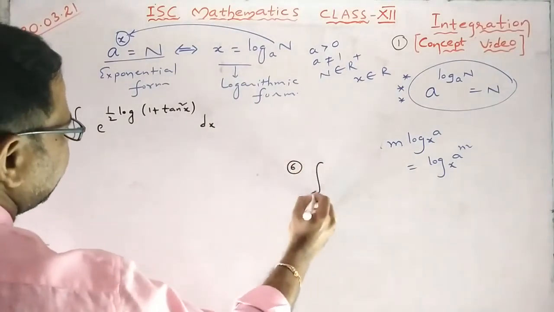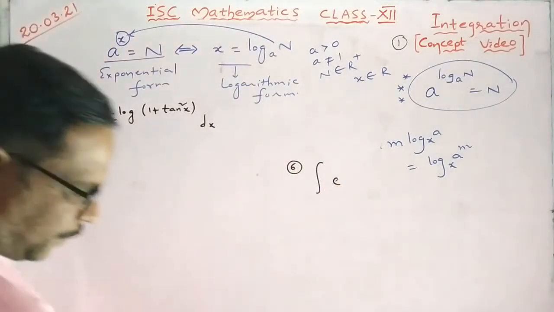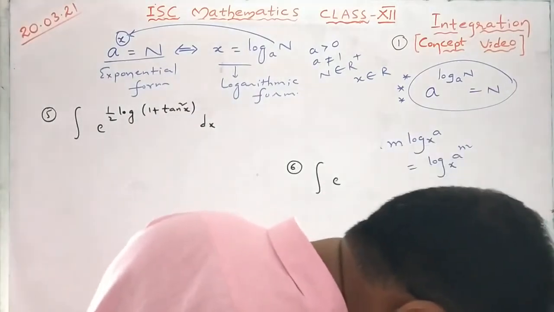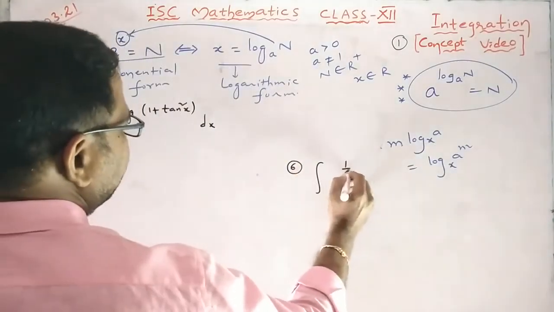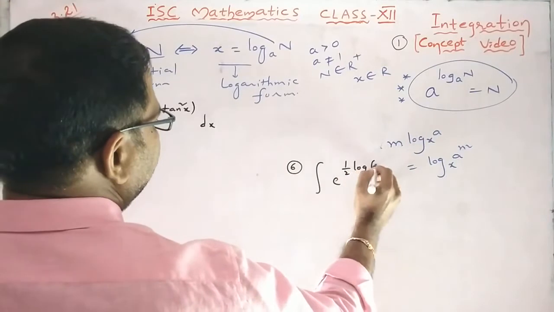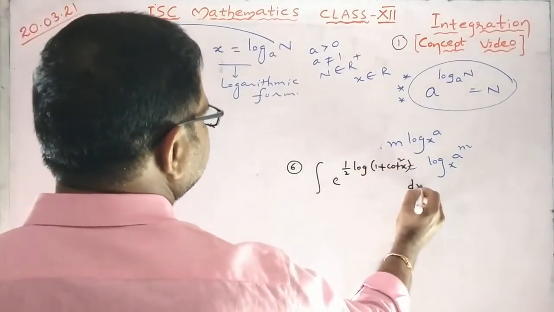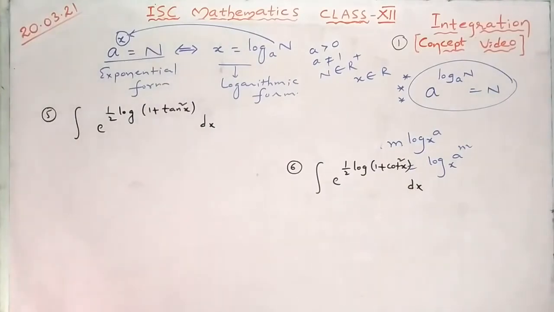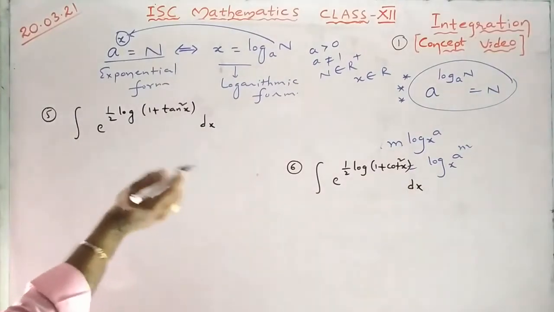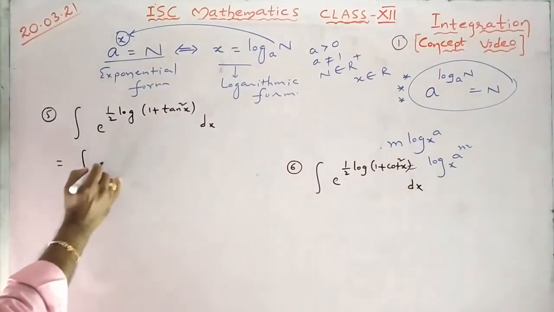Similarly, integral e power 1 by 2 log of 1 plus cot square x dx. So same, similar problems. If I say one problem, you should be able to understand and try to do it yourself.